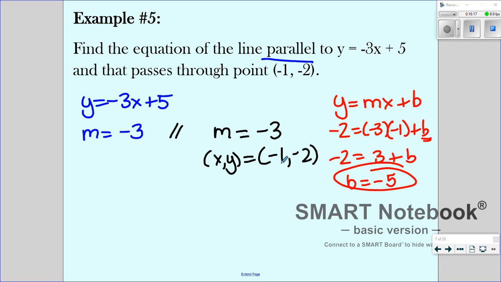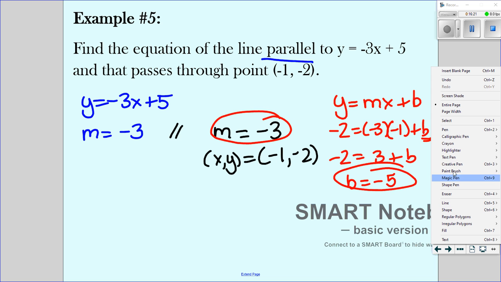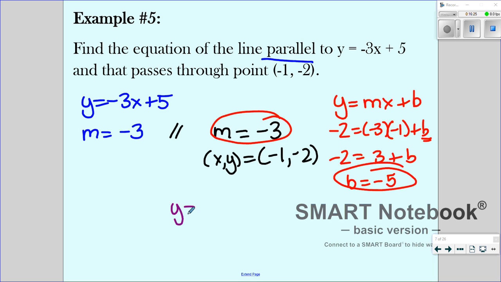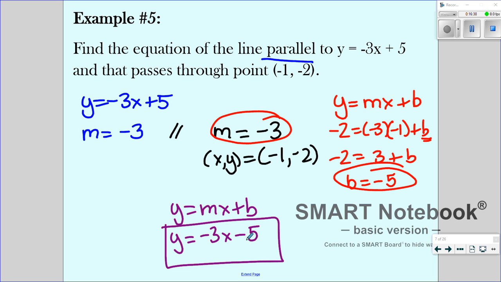So we have our b, we have our m, and then we can write our new line, which I'll do in purple. Just going to write the equation of a line first, and then plug in my m and my b. So my m is -3x, and then my b is -5. So this line is parallel to this line because of the same slope.